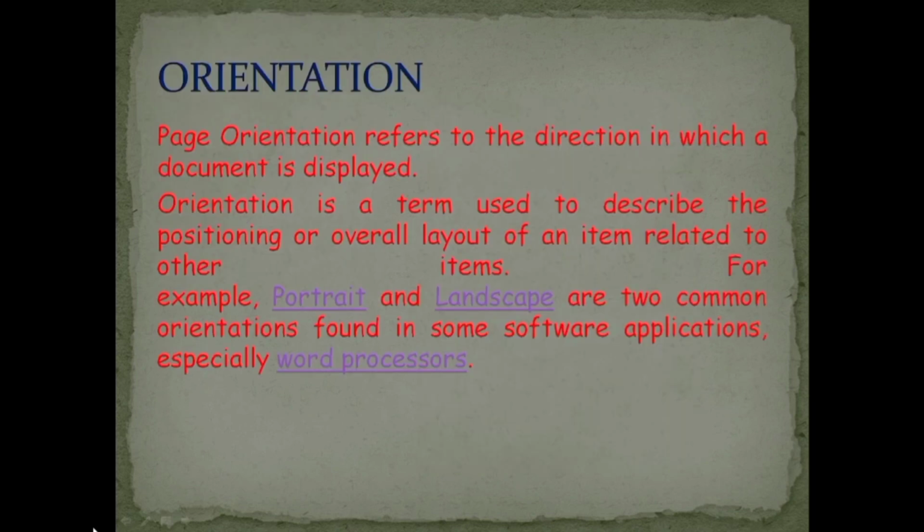The next thing is the page orientation. The page orientation refers to the direction in which a document is displayed. Basically, it describes the direction of our document. Orientation is a term used to describe the position or the overall layout of an item related to other items.